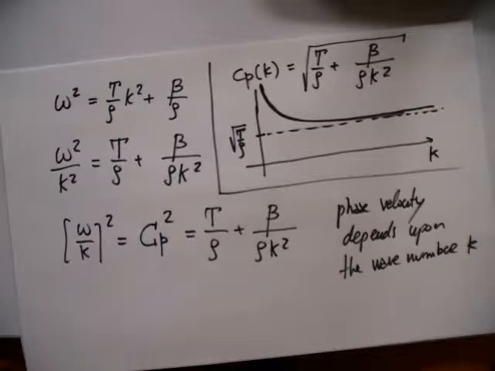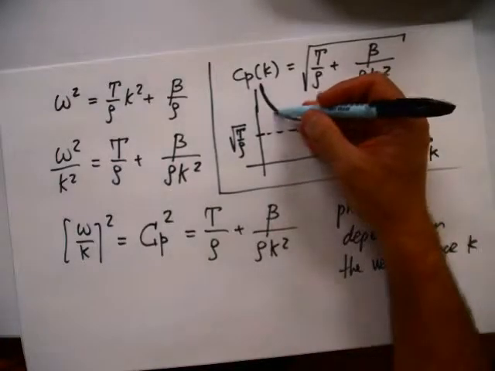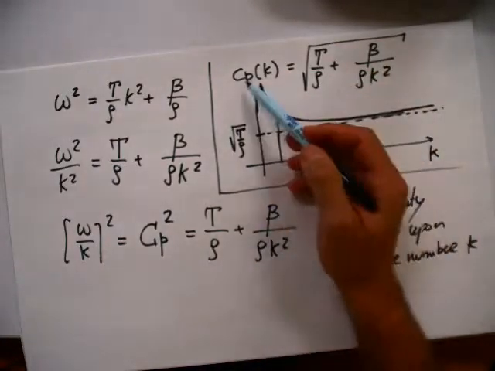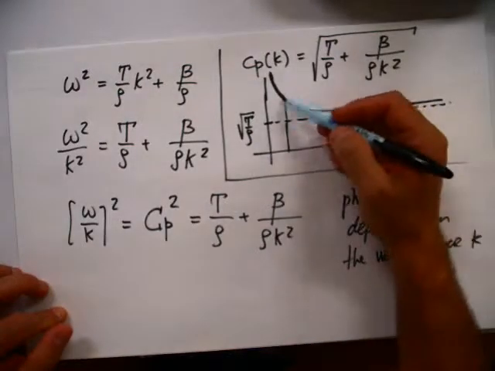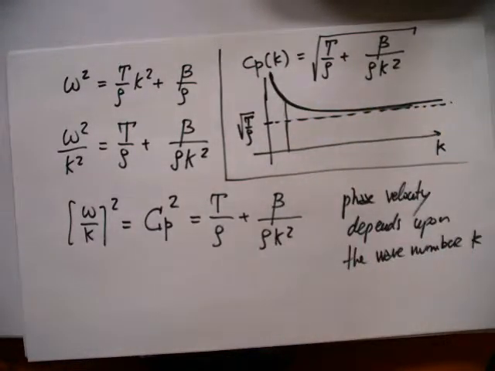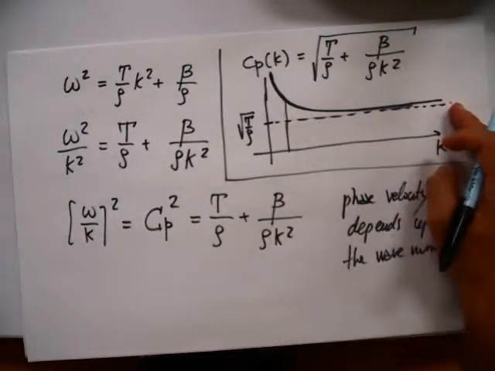When k is very, very small, the phase velocity becomes much larger than the one in the undisturbed string. Instead, when k is very, very large, the speed will be roughly the same as the one without the elastic bed.